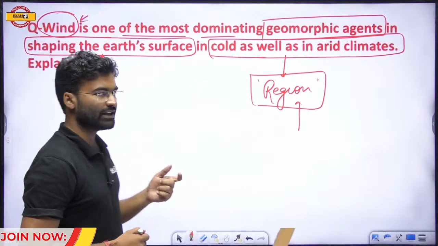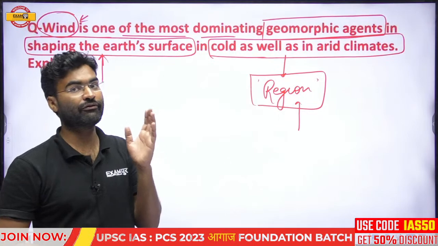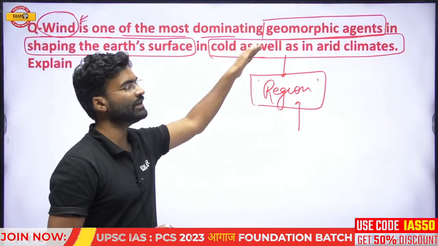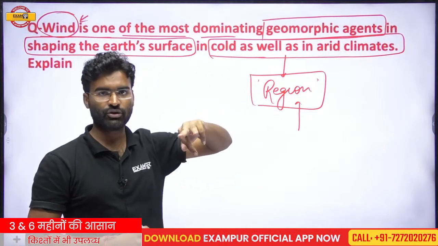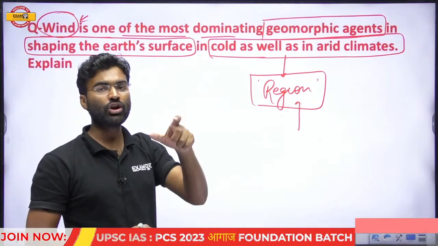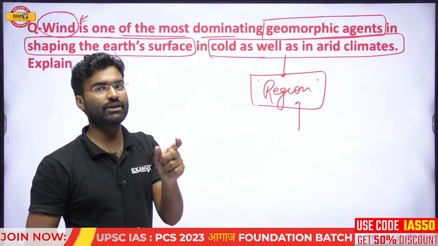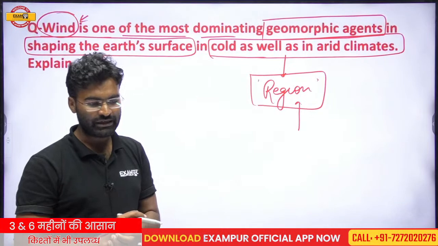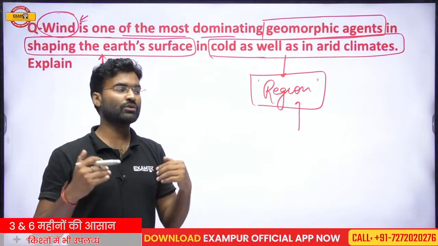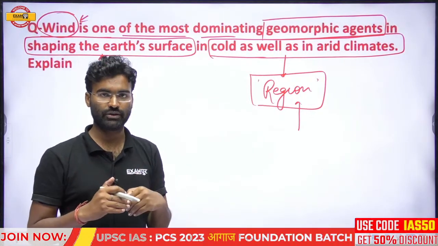So if you read the question properly, you will find that there are three key points or key factors. First is the region, second is the geomorphic agent, and third, the role of that particular geomorphic agent in the shaping of the Earth's surface. That means you have to draft an answer to this question.